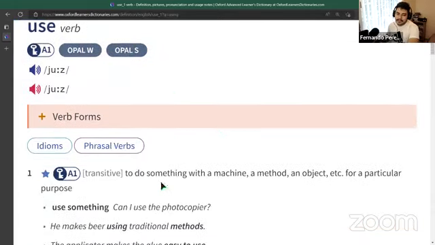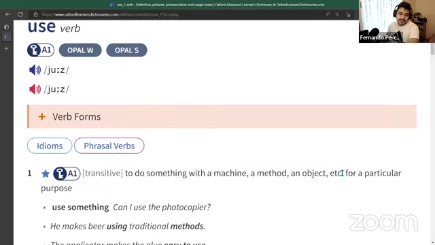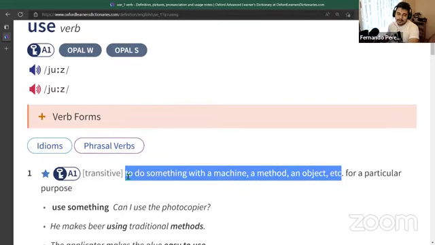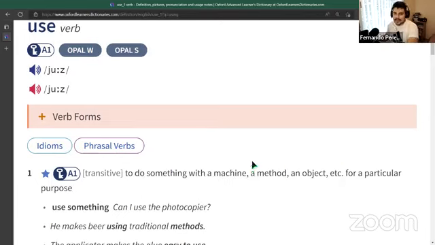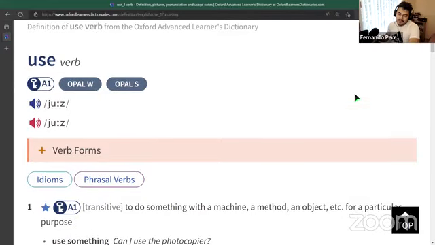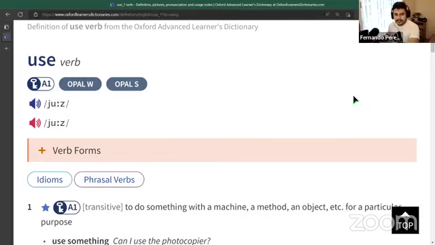And also the definition is like to do something with a machine, a method, an object. As you can see, we are never talking about words. So the definition can help you understand which one is correct and which one is not. It's both the definition and the most common application. That's the only way you can find it.